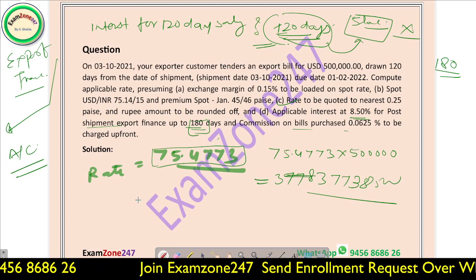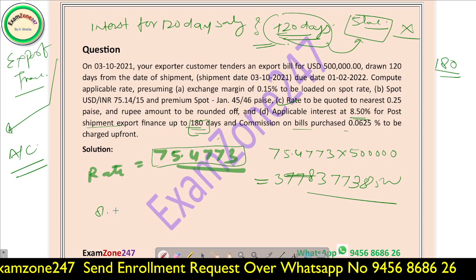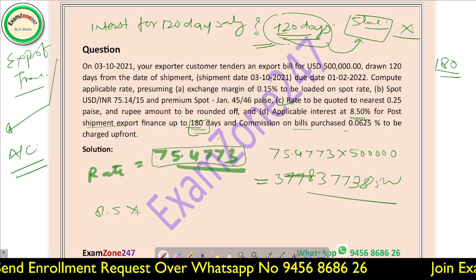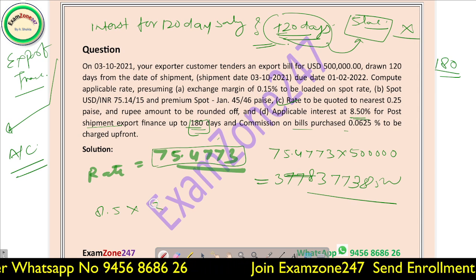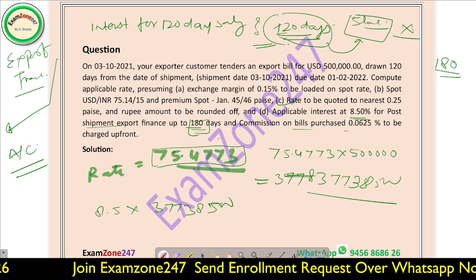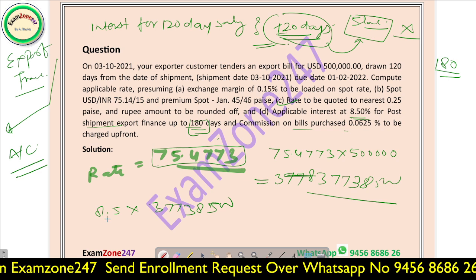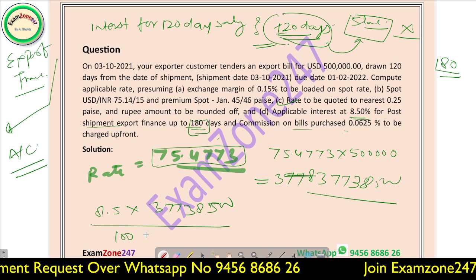Now the interest rate as given, it is 8.5%, means 8.5 into 37738,500. 8.5% is the interest rate for 1 year.